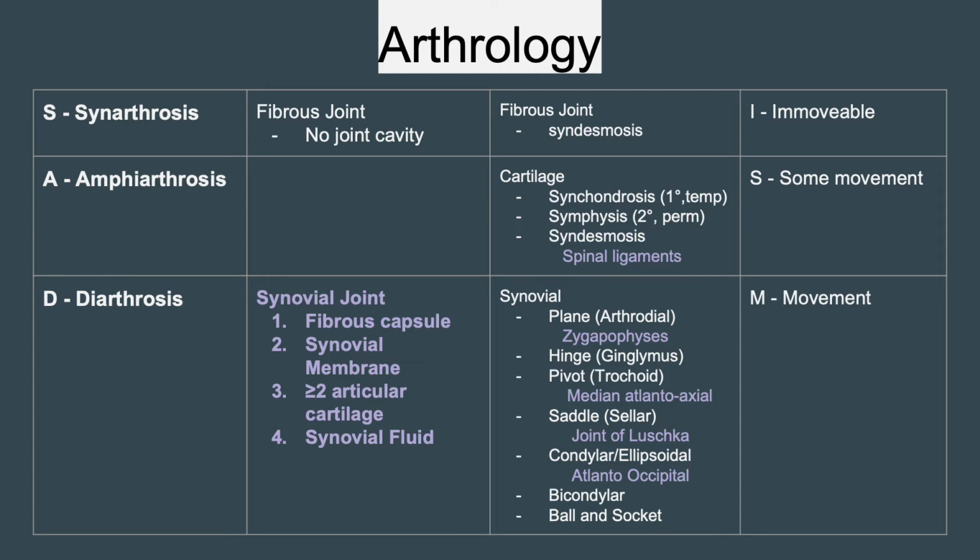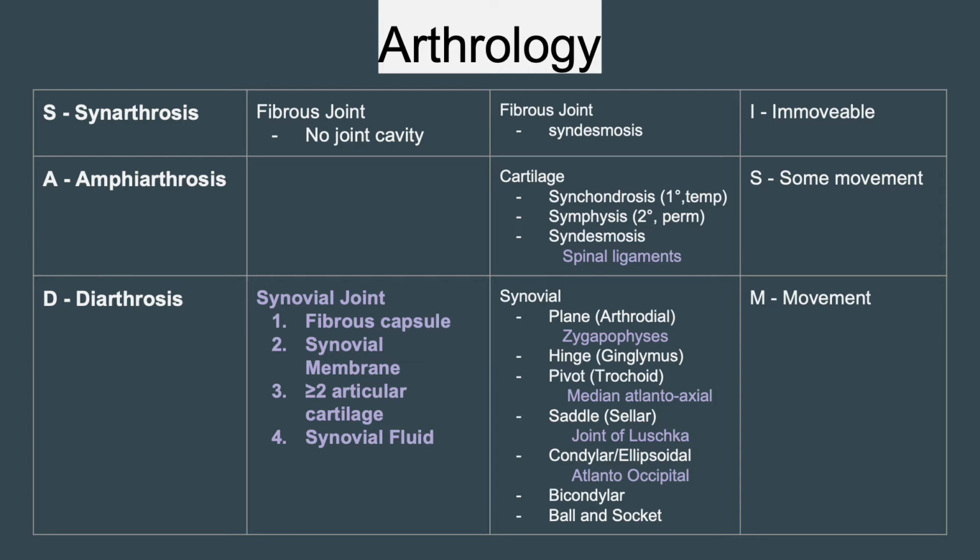But definitely know that your spinal ligaments are classified as amphiarthrosis syndesmosis. So your ALL, your PLL, your ligamentum flavum, those are all classified as amphiarthrosis syndesmosis. And that is something that Mr. Mortar likes to test on. So definitely know that.